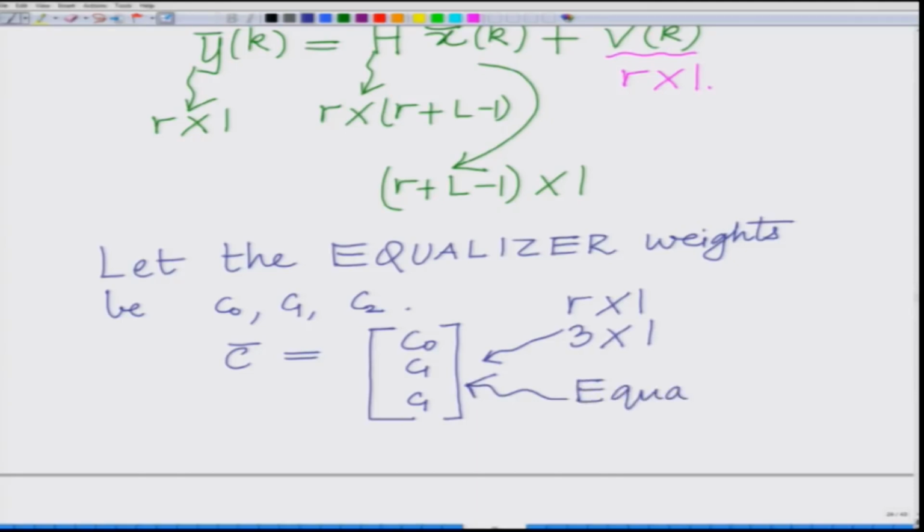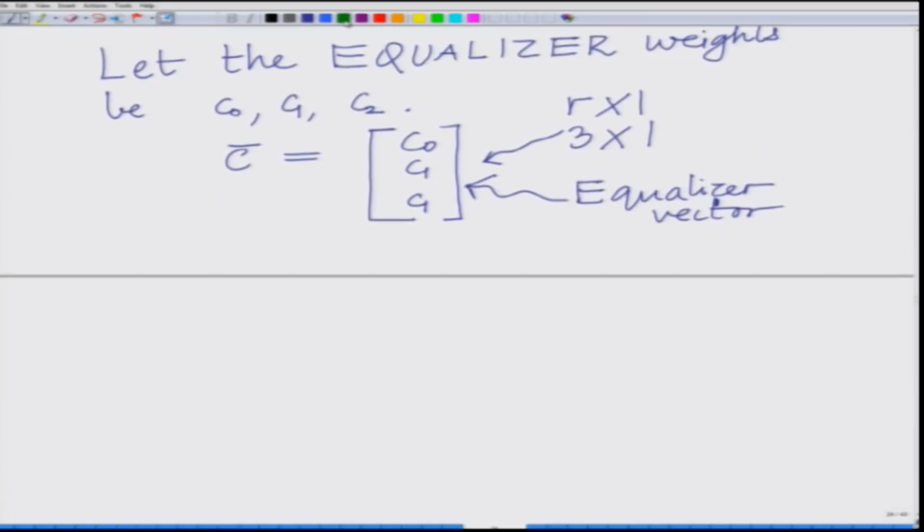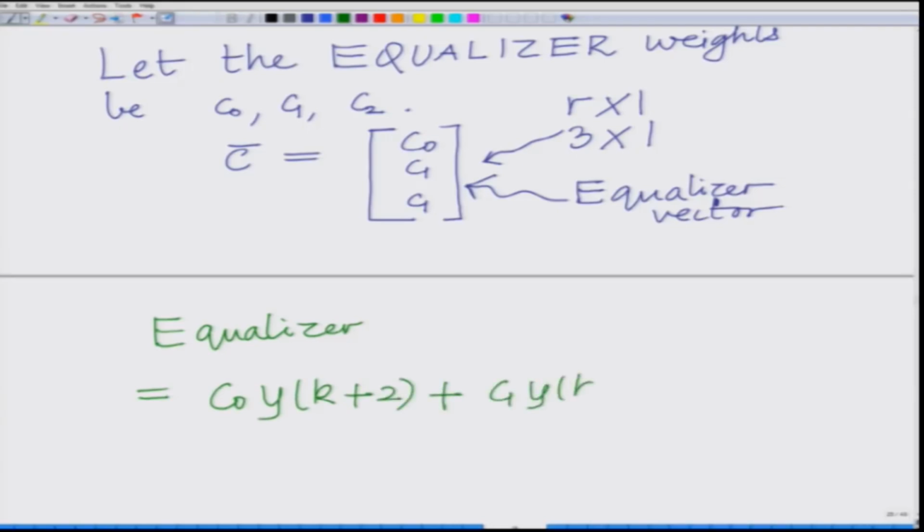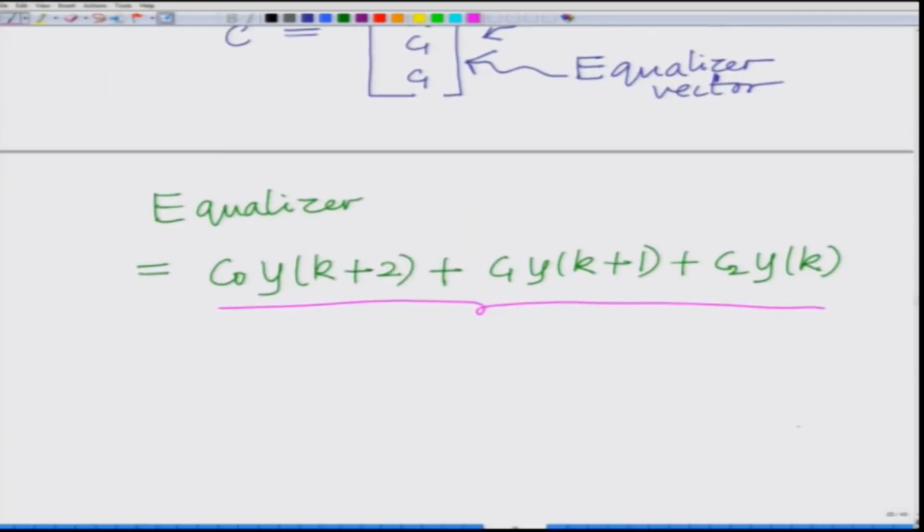Also, we can call this the equalizer vector, and our equalizer output is therefore given as C0 times yk plus 2 plus C1 times yk plus 1 plus C2 times yk, which is basically the linear combination of yk plus 2, yk plus 1 and yk.